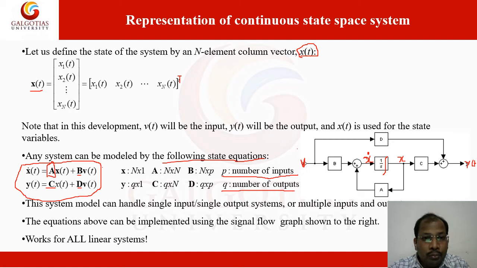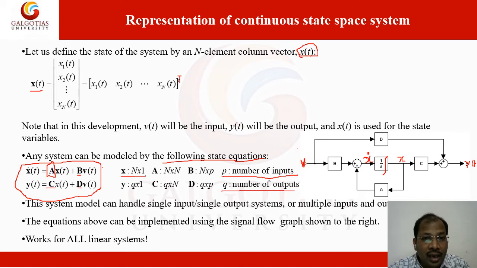The order of x will be N cross 1, a column matrix. The order of y is Q by 1, so Q rows and 1 column.